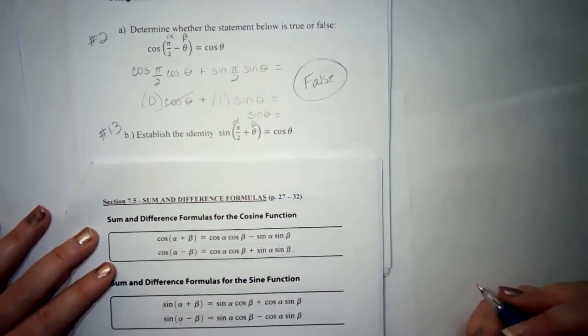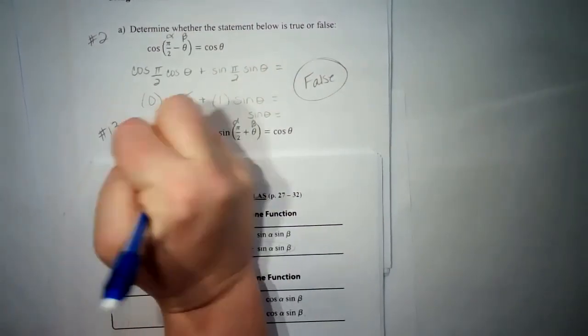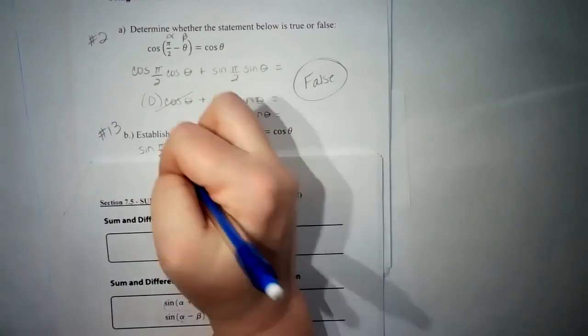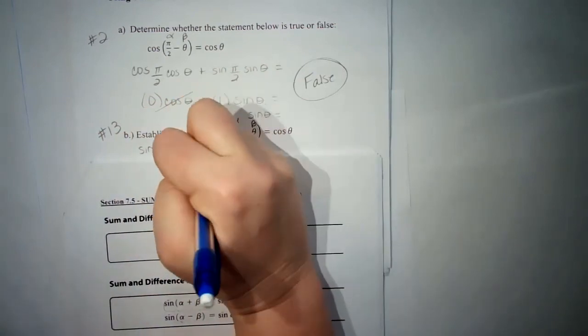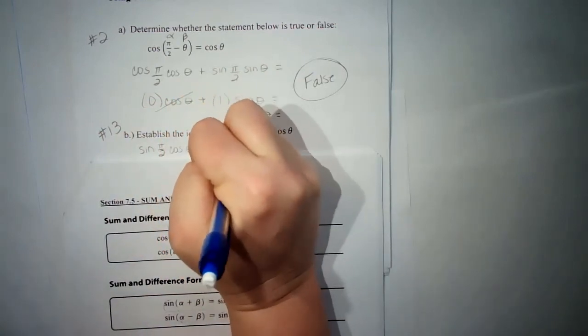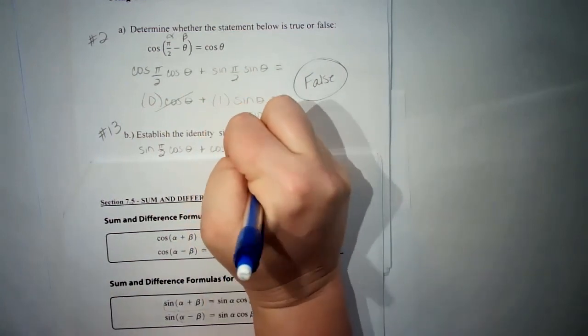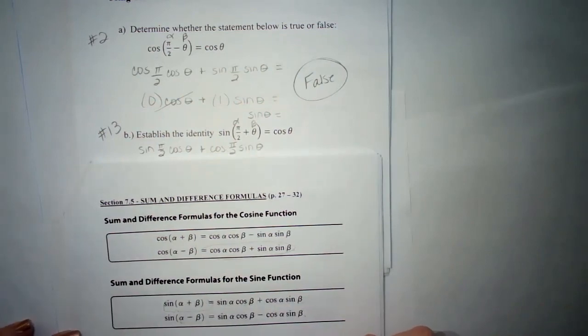It's like a bad nursery rhyme. All right, here we go. We're going to do sine of pi over 2 times the cosine of theta plus the cosine of pi over 2 times the sine of theta. Everybody okay with that? We just copied it right out of there.